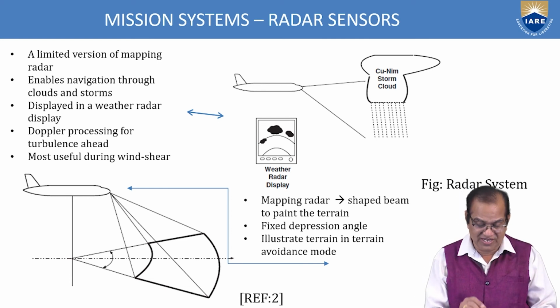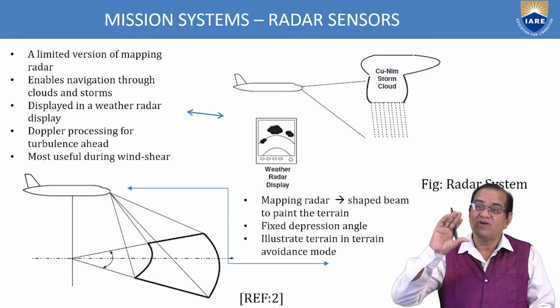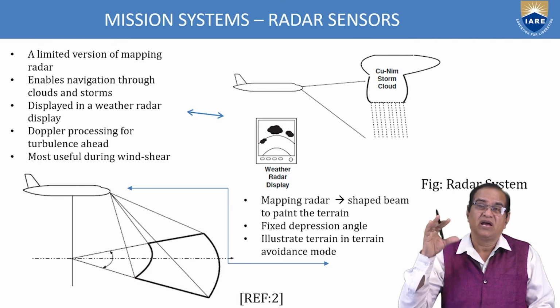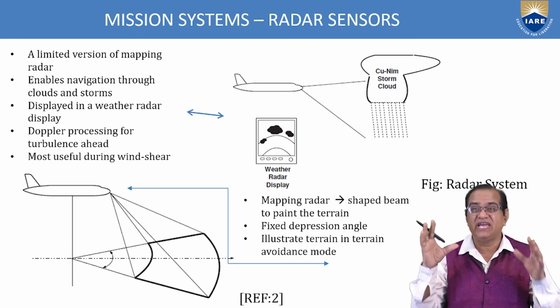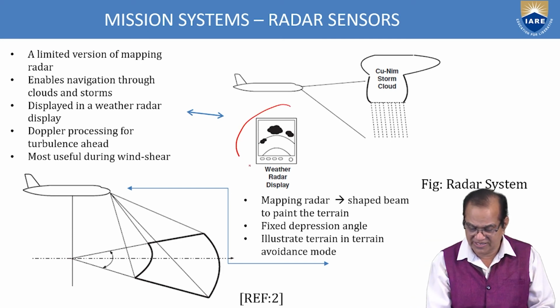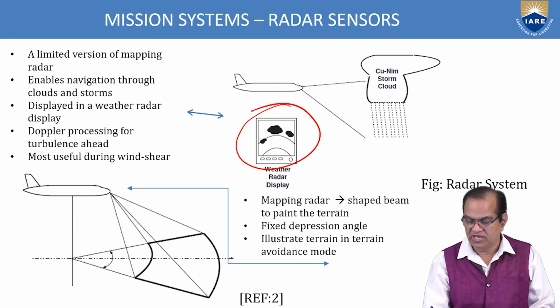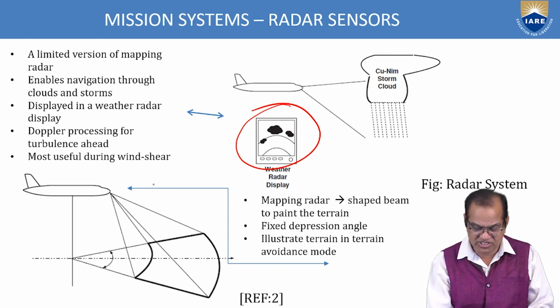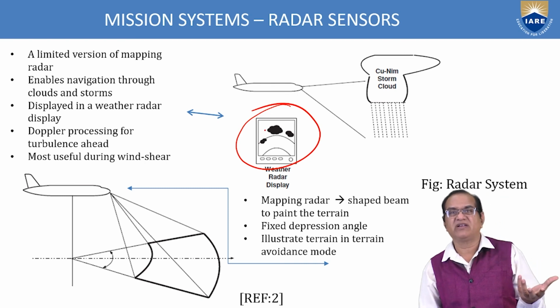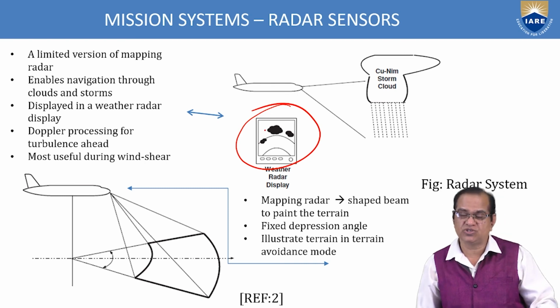This weather radar will display the weather condition. Mapping enables navigation through cloud and storm. If any cloud is here like this, it will show. If any storm is there, any rain is there, this will be displayed on this screen. Display in weather radar. Doppler processing is used.